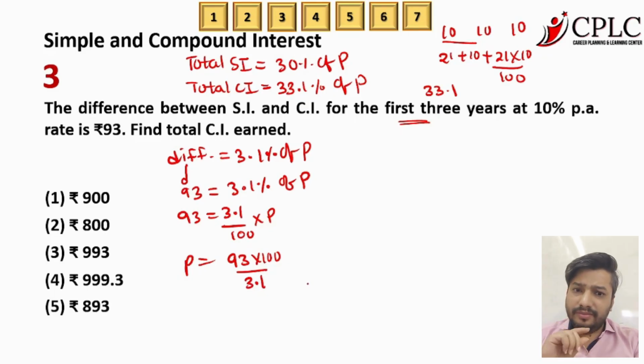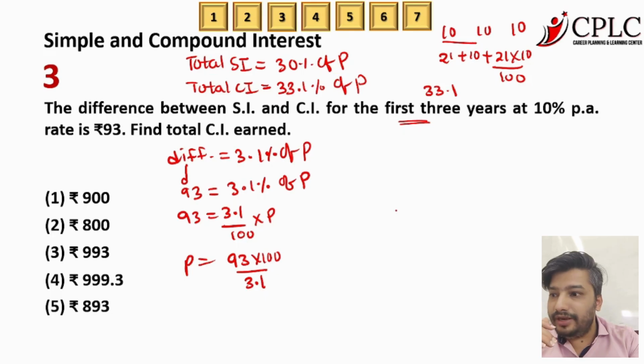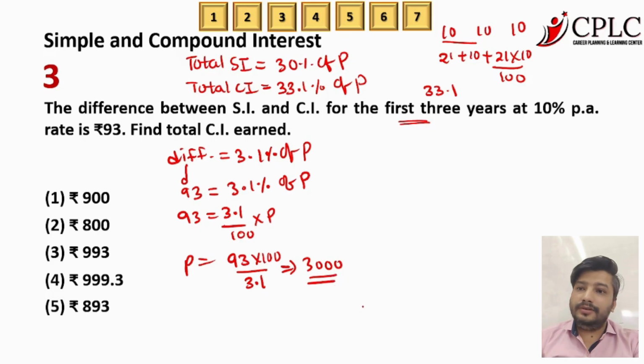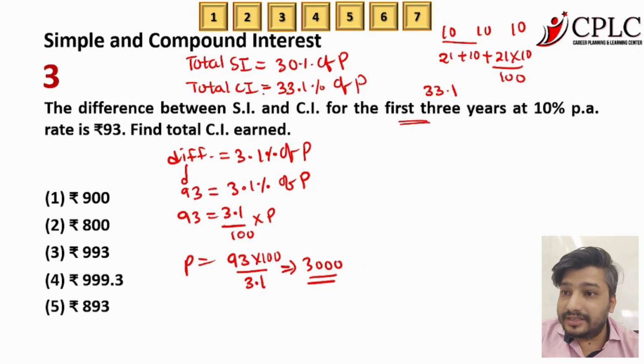Now I remember, if numbers are good, see how many advantages you will have. So 31 3s are 93, but this is 3.1. So it must be not 3, it must be 30. And 30 into 100 is going to be 3000 basically. So after calculating the principal 3000, they were asking about total compound interest.